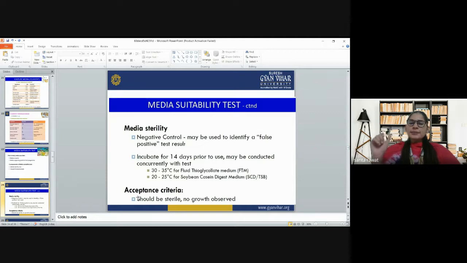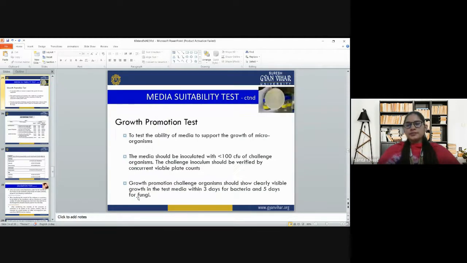The acceptance criteria: the media should be sterile and no growth observed.